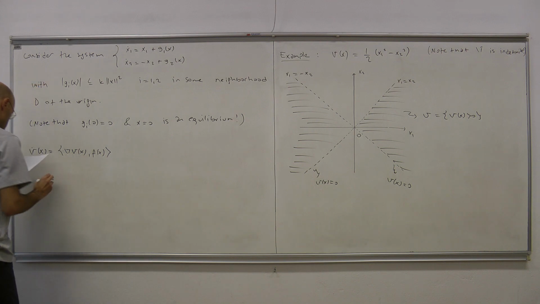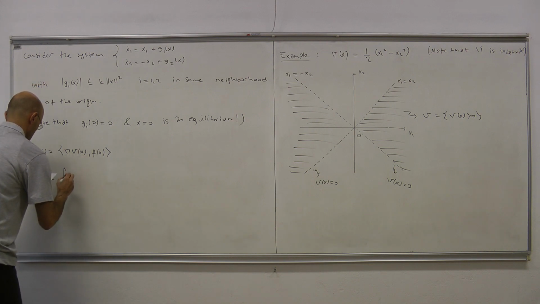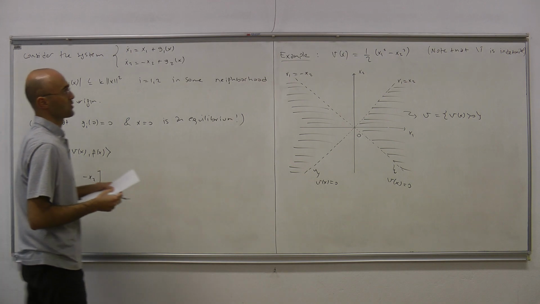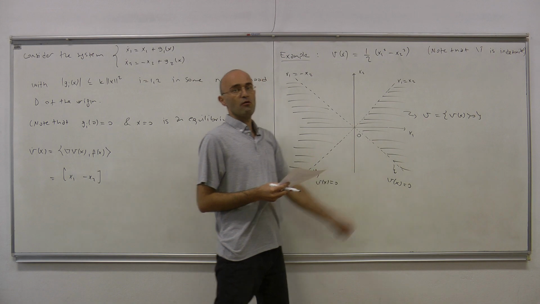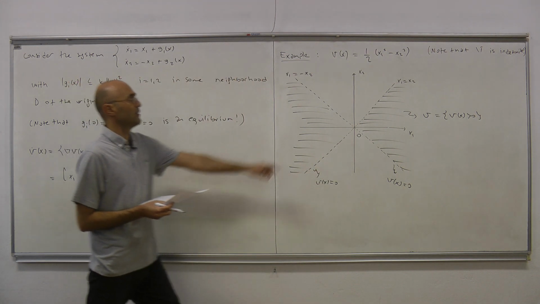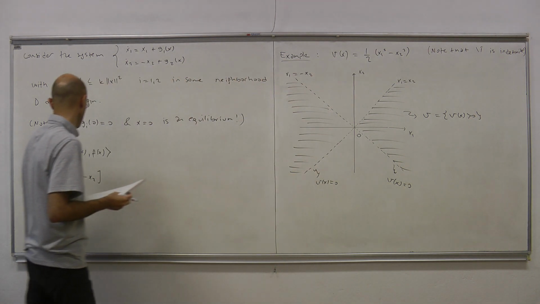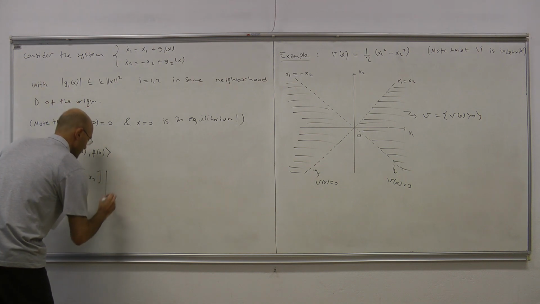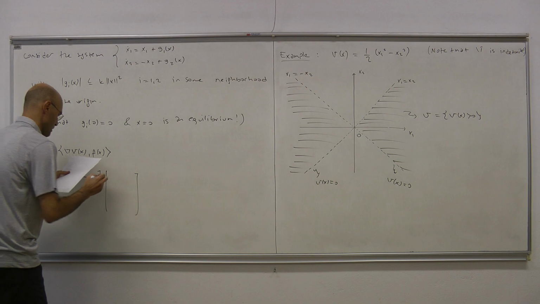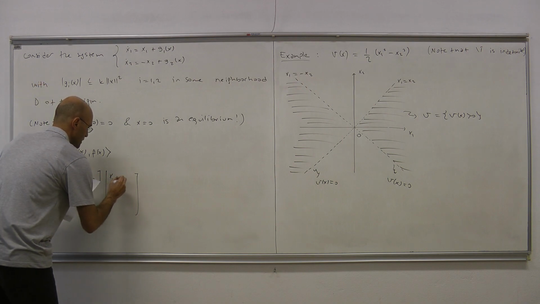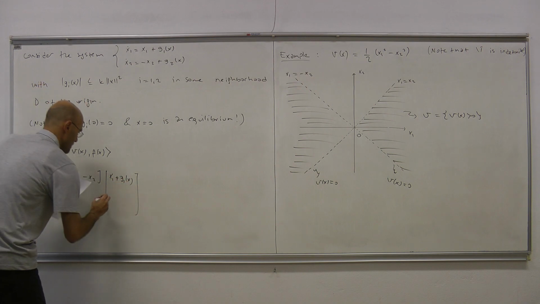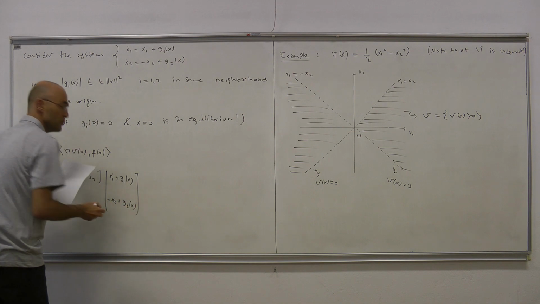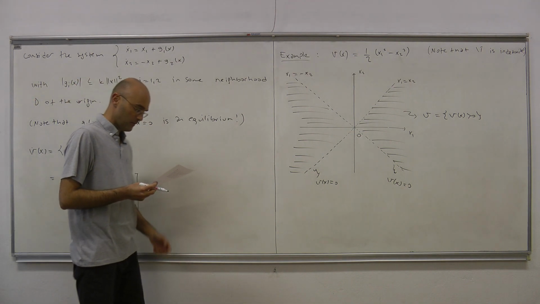The vector x1, minus x2 is the gradient of V. So take its transpose, it becomes this row vector, and then we multiply with the right hand side, x1 plus g1 of x and minus x2 plus g2 of x.